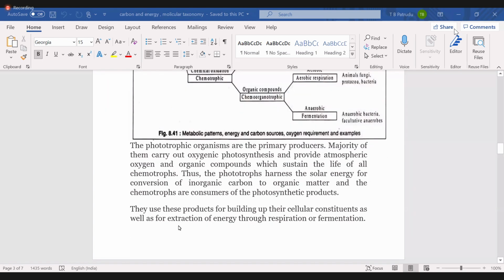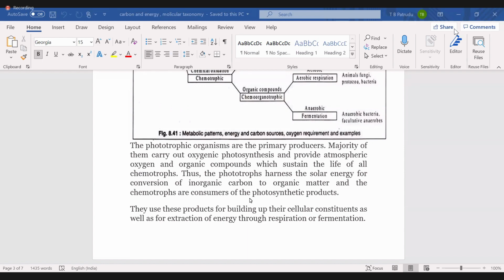Next, aldose and ketose. They use these products for building their cell construction, and cell metabolic activities take place, as well as for extraction of energy through respiration or fermentation.